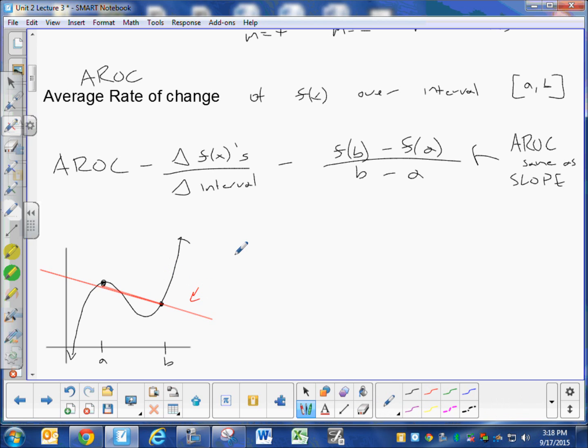This line is what we call a secant line. You know the phrase secant from geometry. It's a line that passes through a circle just twice. This line might pass through more than 2 times. However, if it's just passing through 2 distinct points that we're talking about, we'll say that's a secant line. The slope of this secant line is the average rate of change of the function between a and b.